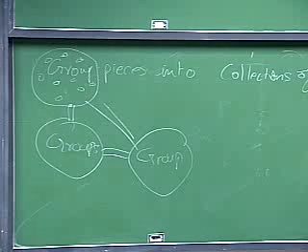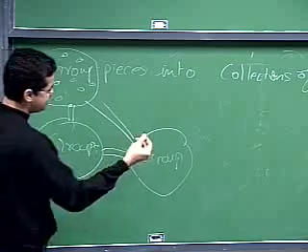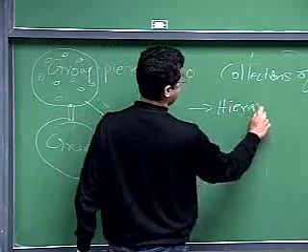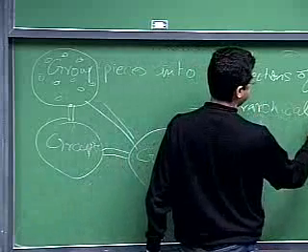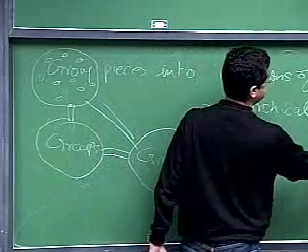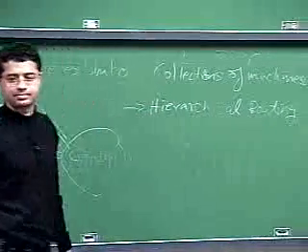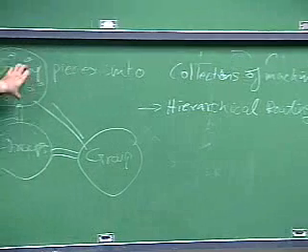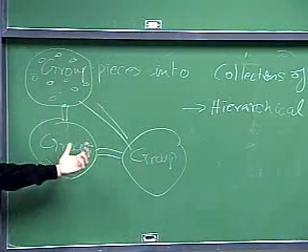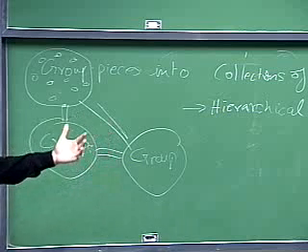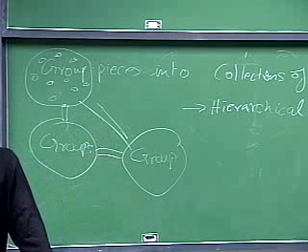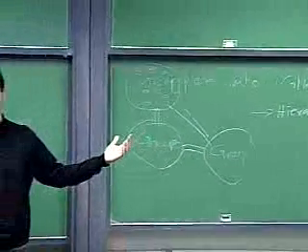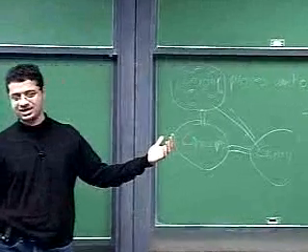So the answer that you're getting to is hierarchical. You have one routing scheme within a group and then another routing scheme between groups. That is actually the way that things are done on the internet. And these groups are very naturally defined in terms of autonomous systems, or ASes.